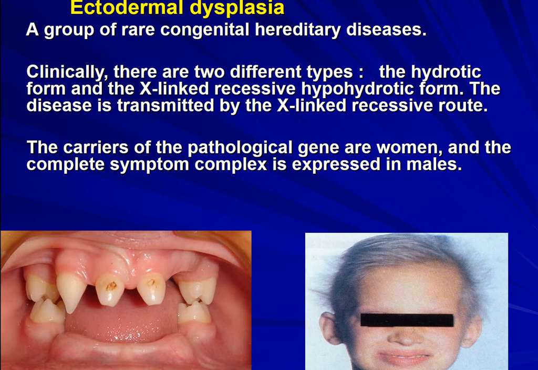Ectodermal dysplasia, a group of rare congenital hereditary diseases. Clinically, there are two different types: the hydrotic form and the X-linked recessive hypohidrotic form.